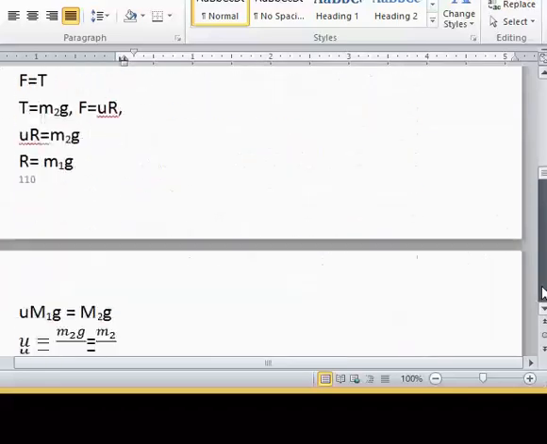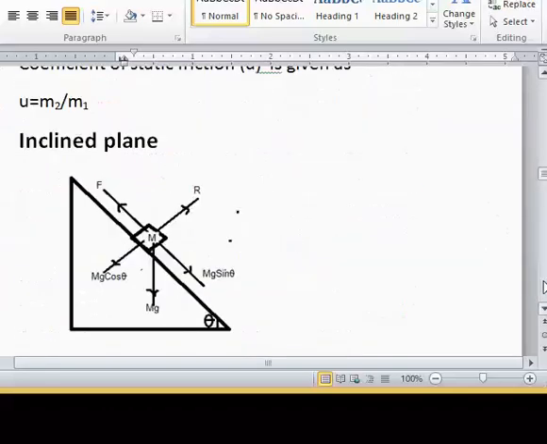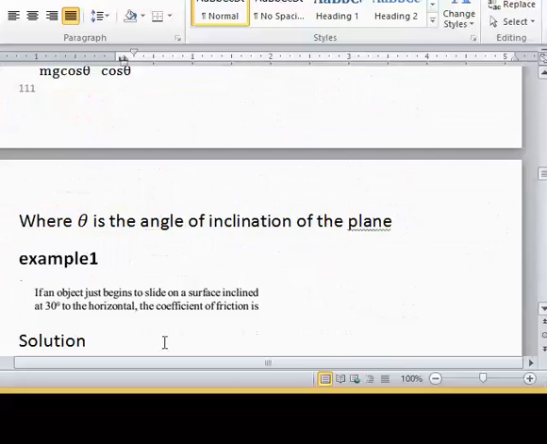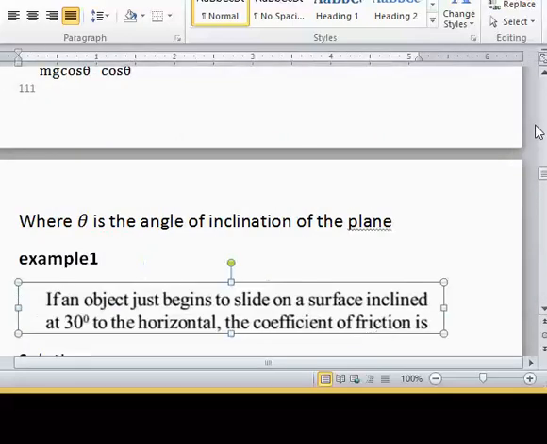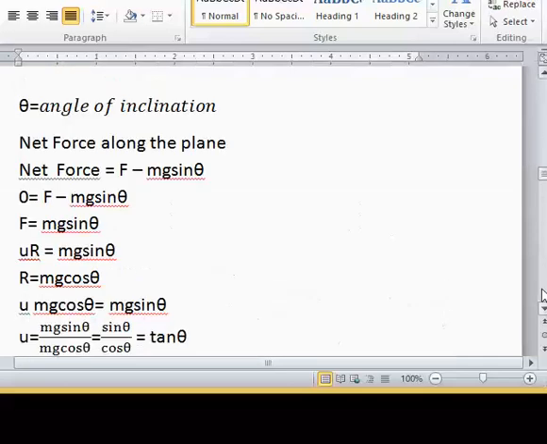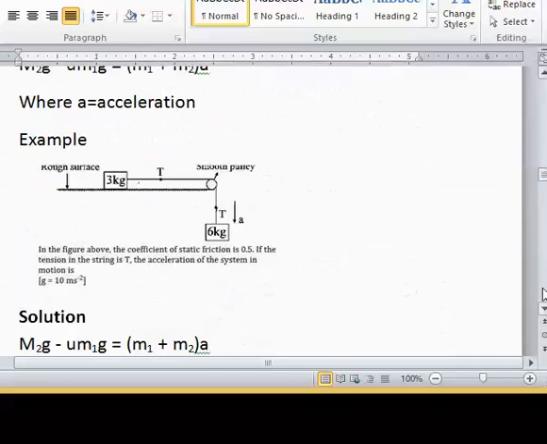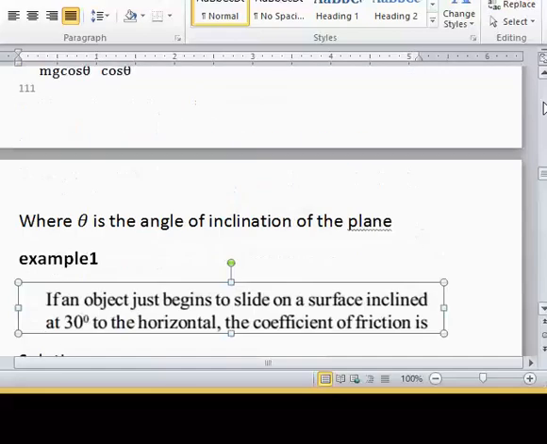So I will go right to frictional force. Okay, so here I have a question. Do I have any question before that? All right, so here we go. I'll solve this one, then we'll look at another.